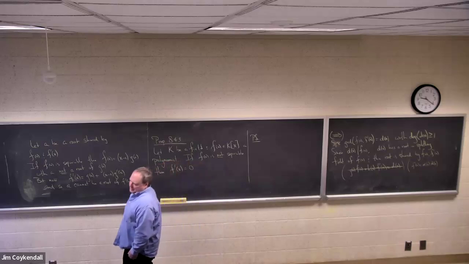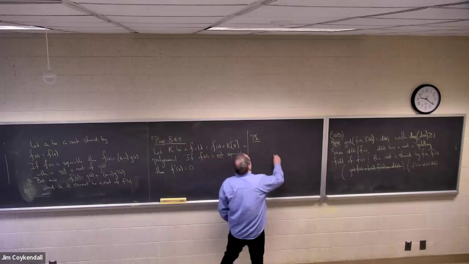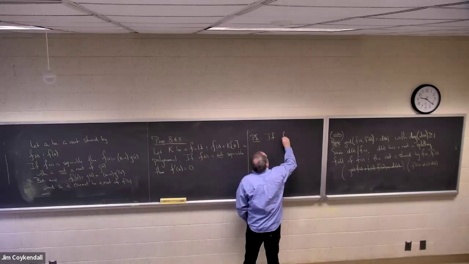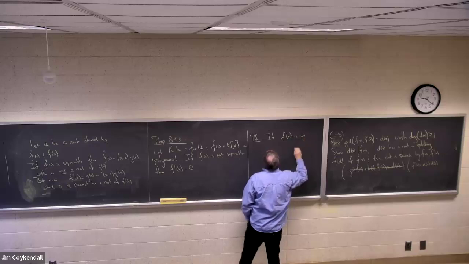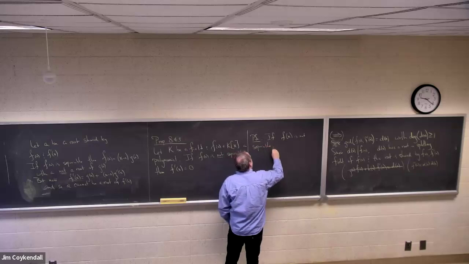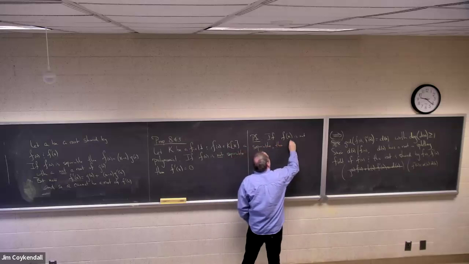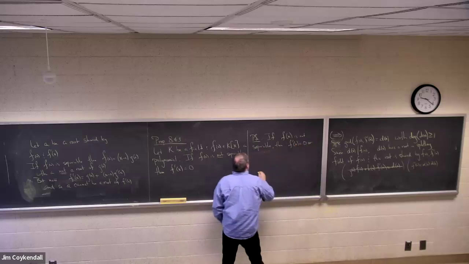So we'll see why this is true. If f of x is not separable, then f prime of x equals zero.